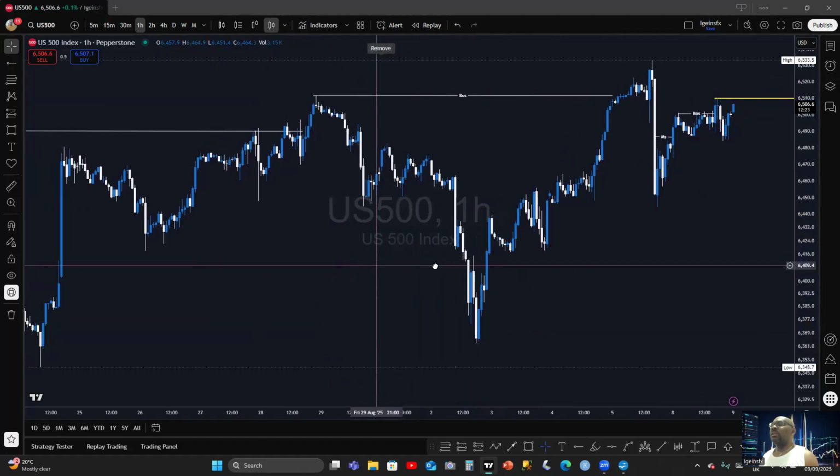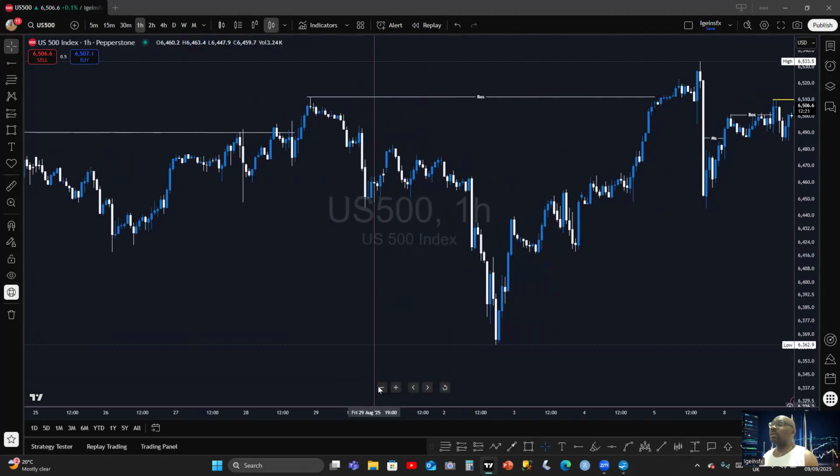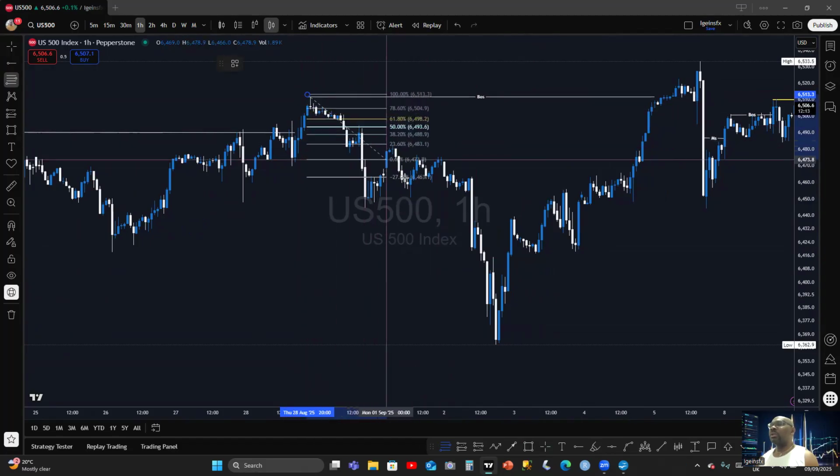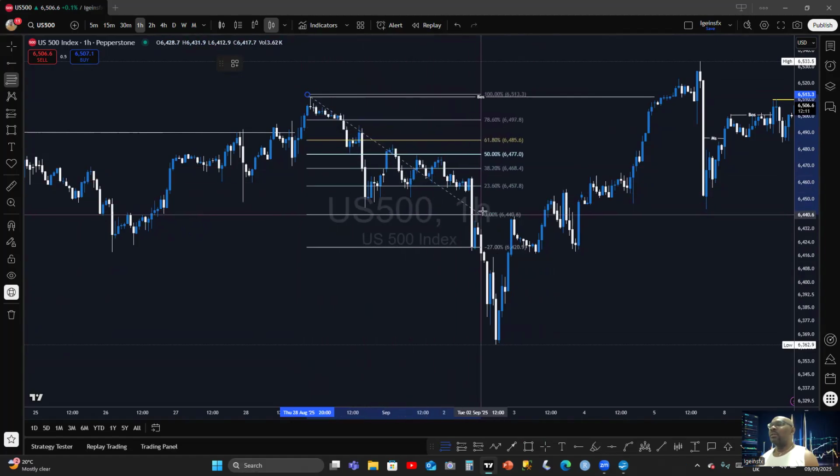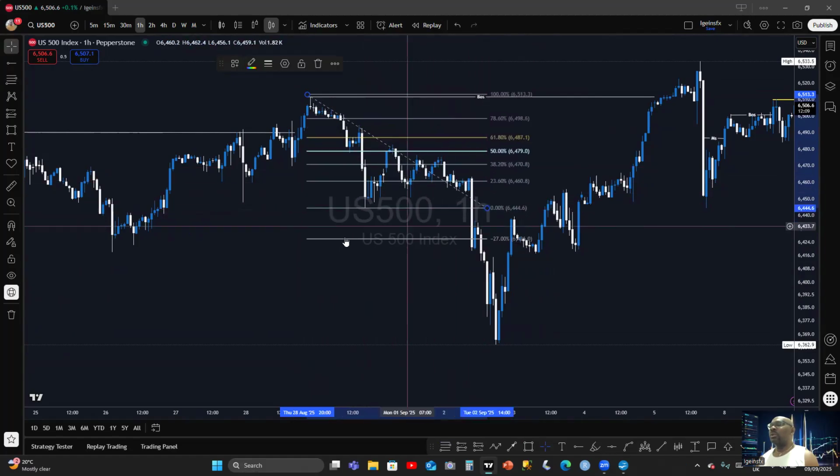So in this kind of situation, if you want to plot your Fibonacci retracement tool, you now start from this point to this point.